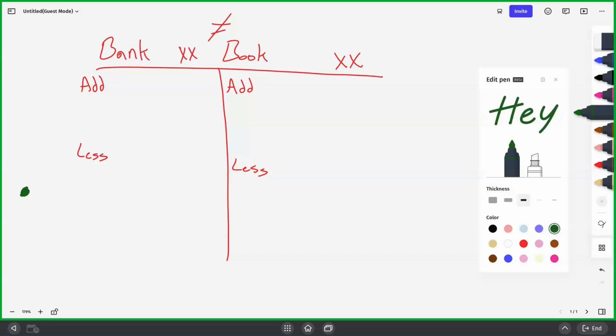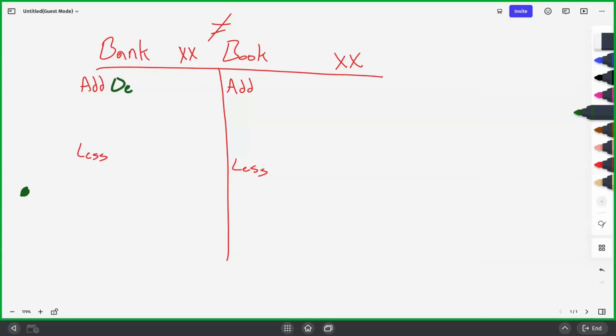We don't have to put it in order of looking at add first and less next. What kind of things do we look towards for the bank? Deposits in transit. Deposits in transit, adding or subtracting? Adding. There's two more.